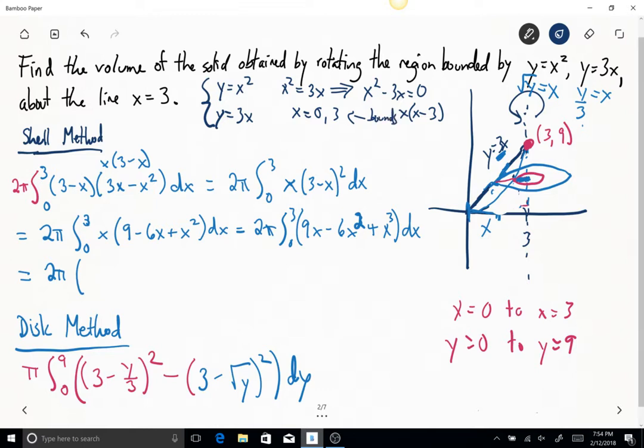The reason why I like the graphs, I know you may not enjoy them, but it does help you visualize what that h is. That's the tricky part here, because you have to figure out what's the top function and what's the bottom function. And what you can do in here, you know that this is your interval. You have an interval 0, 3. And they aren't interchanging anymore, otherwise there'd be more intersection points.